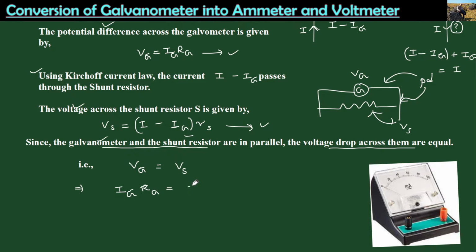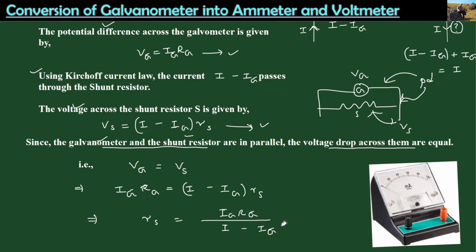And Vs will be (I minus Ig) Rs. We want to find the magnitude of the shunt resistor S. So we keep Rs on this side, and cross multiply the bracket to the left hand side, so that Rs equals Ig Rg divided by (I minus Ig).